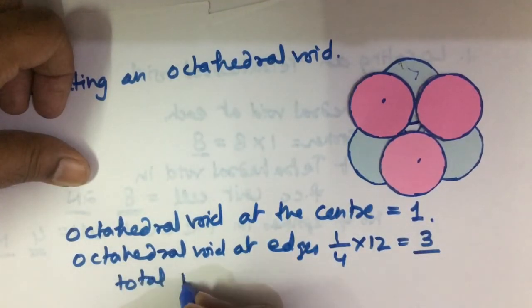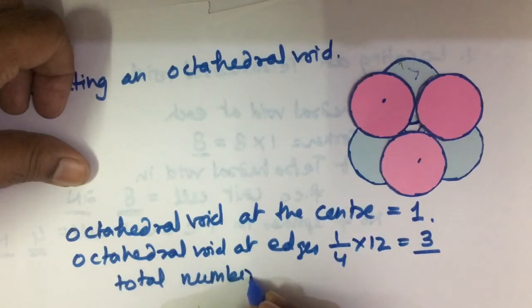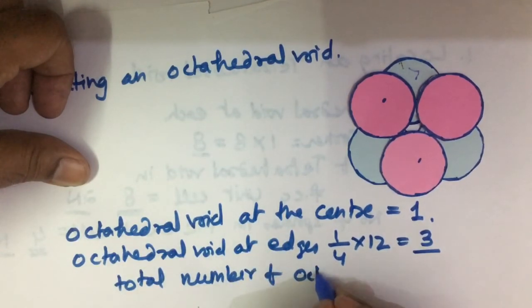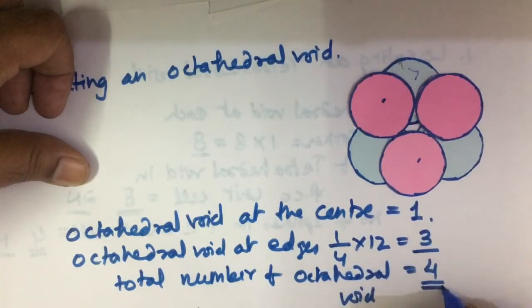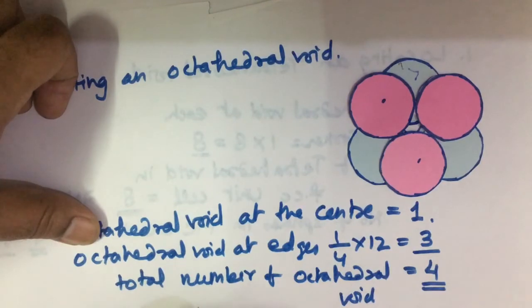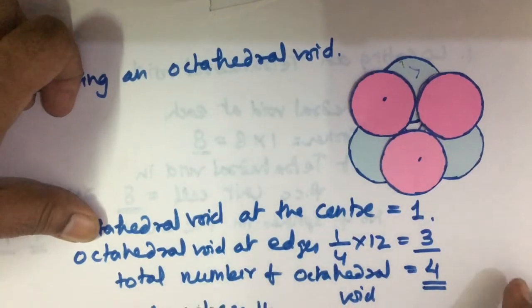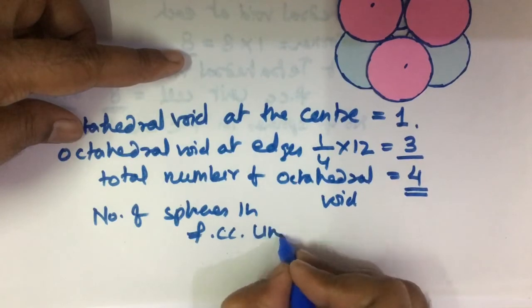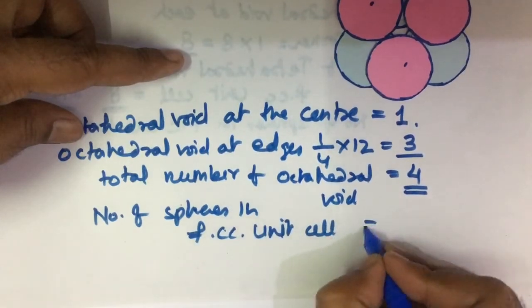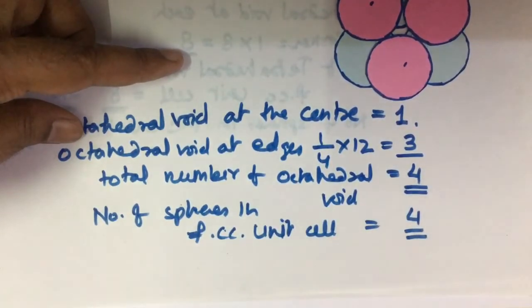Total number of octahedral voids is 3 plus 1, which is 4. The number of spheres in an FCC unit cell is also equal to 4.